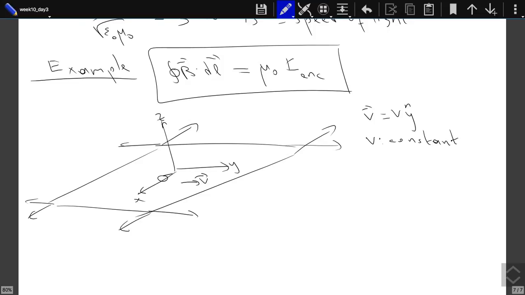You see, if you wait some time, this infinite plane will just be displaced by some distance. Nothing changes. So whatever the speed v is, nothing changes in time.